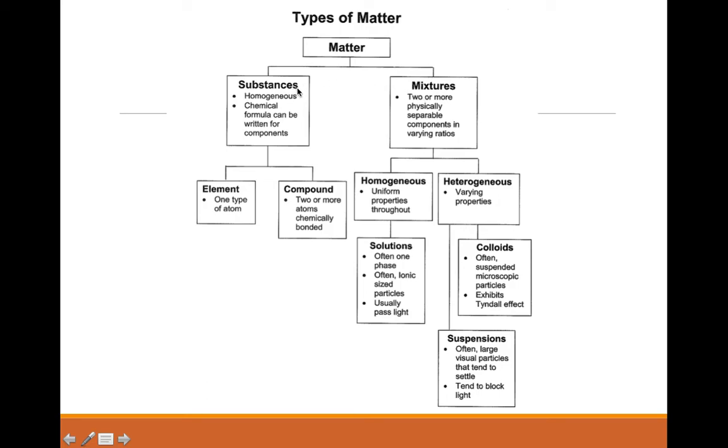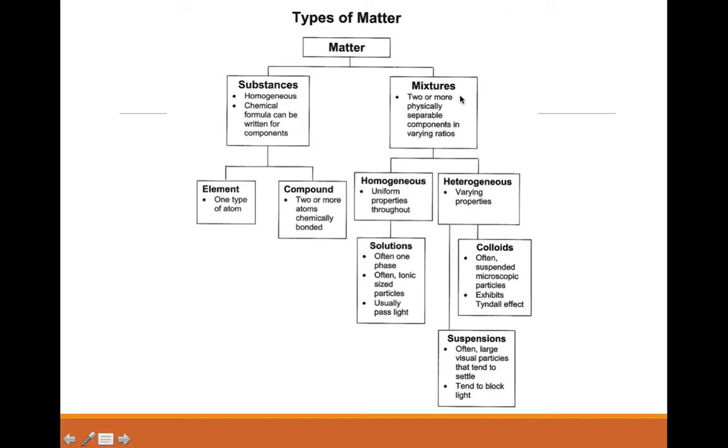A substance, remember, is homogeneous. A chemical formula can be written from its components, and therefore we have two types of substances, either elements or compounds. Any formula or chemical that we've talked about, those are substances made up of elements, and put together they're made up of compounds.